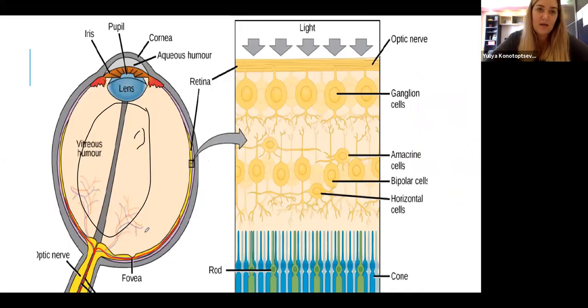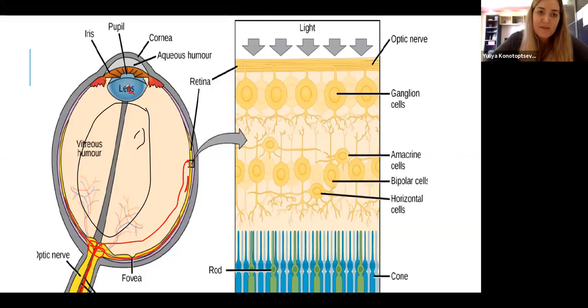Now, here, I want to get your attention to the following. There is something here. Do you see? It's the lens itself, and this is where the optic disc will be. We said that the inner part of the retina will contain ganglion cells. The ganglion cells will send their axons all the way this way to create the optic nerve.